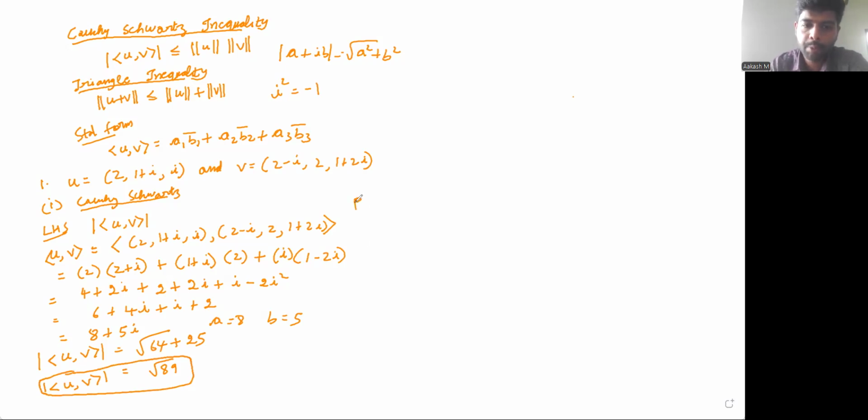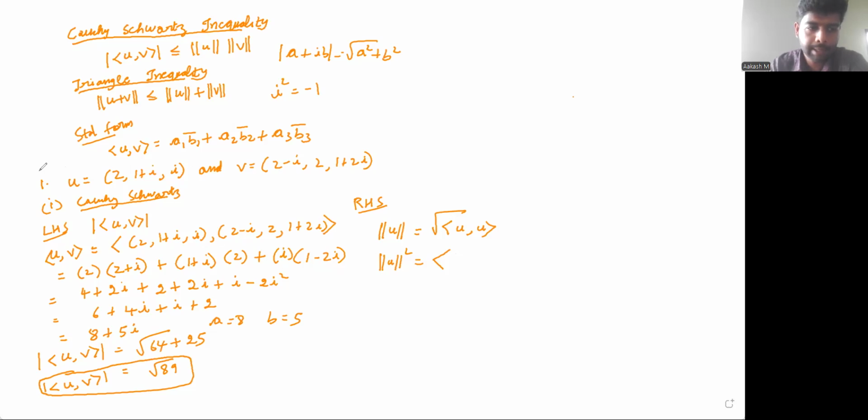So now we can work on the right hand side, RHS. What is the RHS? Norm of u. We know the norm of u formula is the root of inner product of u comma u. So norm of u square is equal to the inner product of u with u.